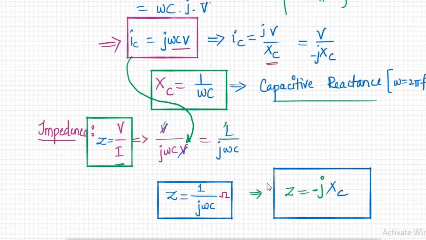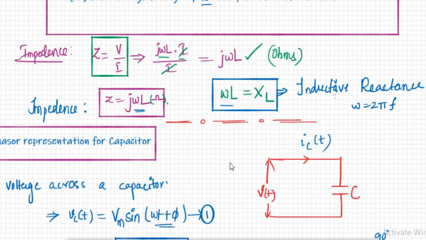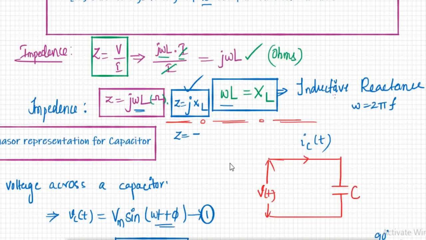Similarly, the impedance of an inductive circuit can be written in the form of XL, that is Z equal to j XL, because omega L is called inductive reactance. So Z equal to j XL in case of an inductor, and Z equal to minus j XC in case of a capacitive network. You will understand this concept when we proceed further.